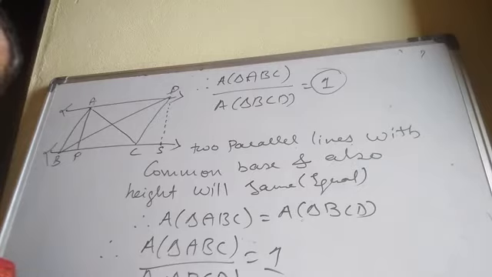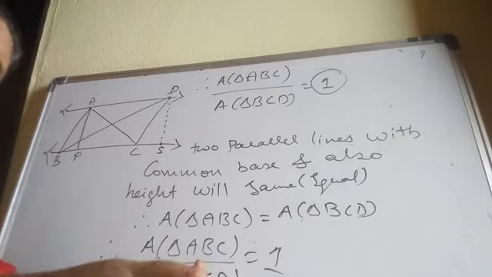Whenever you are solving the first exercise, you need to mention the reason, whether they are triangles with equal bases, triangles with equal heights, or ratio of product of their bases and corresponding heights. Okay, clear? By this your first exercise is completed.